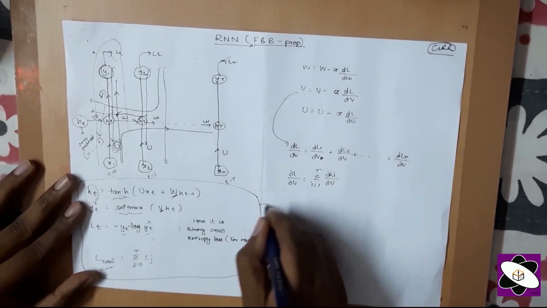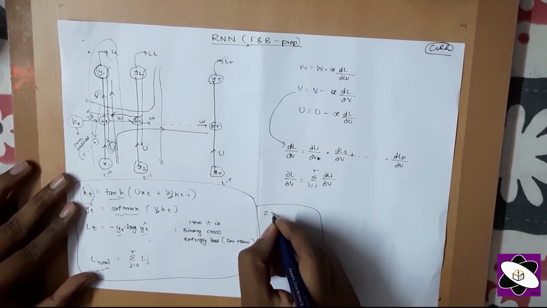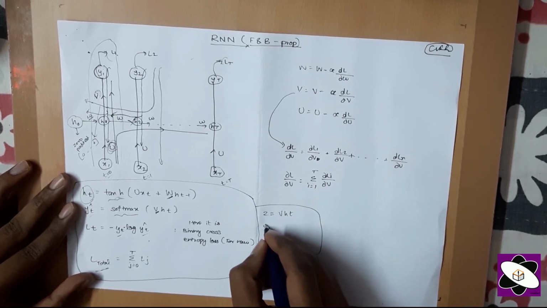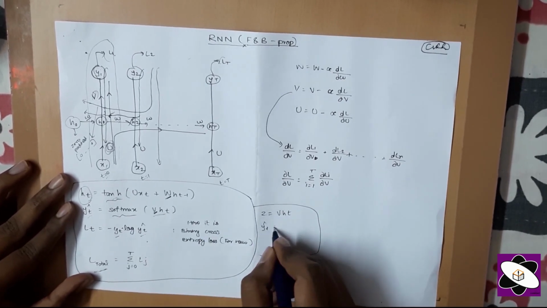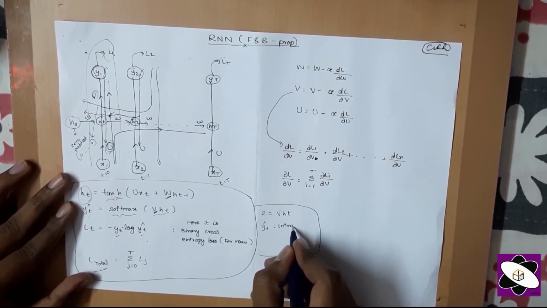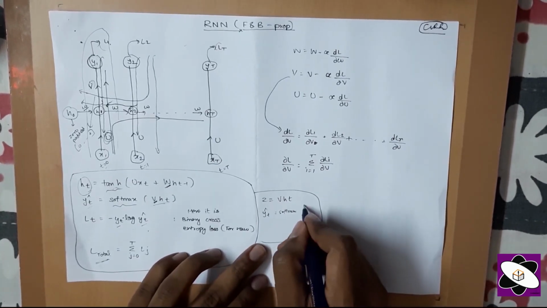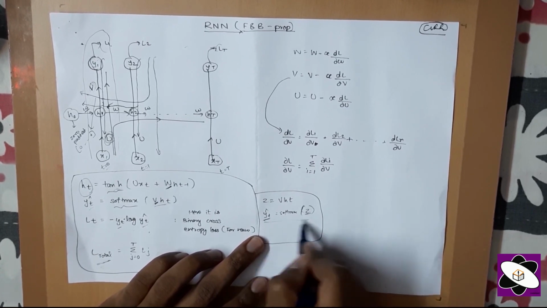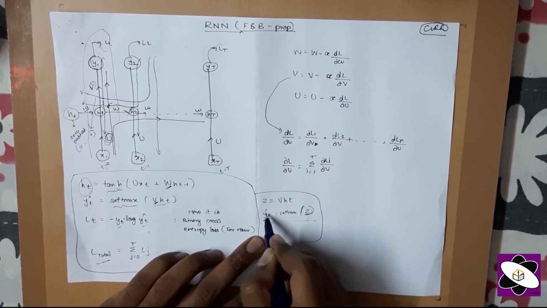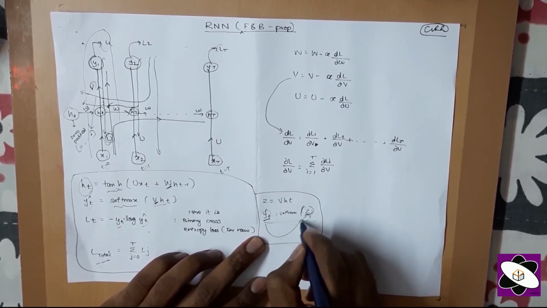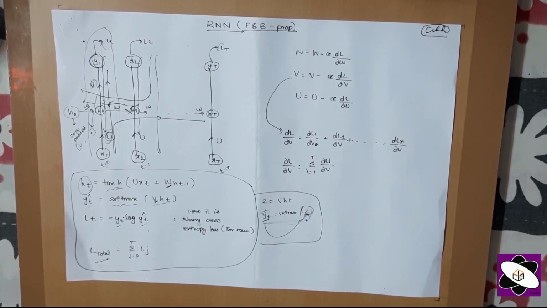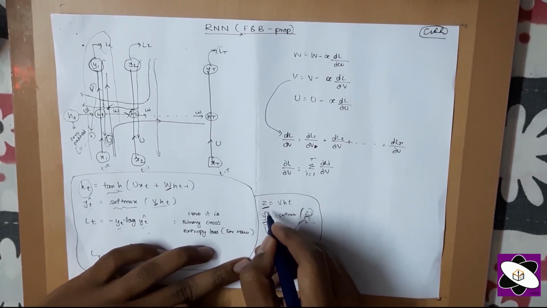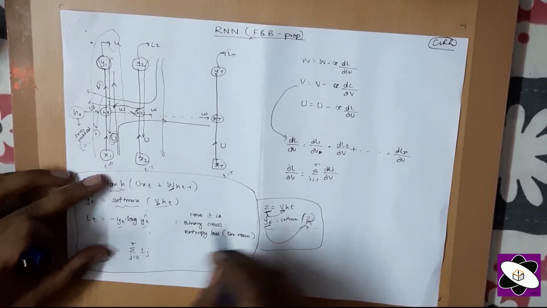Now let me add one more equation. Let us take z as V times ht, then yt hat becomes softmax of z. Now as you can see, yt depends on z. So in this equation, z is independent and yt is dependent on z, and the same goes for the z equation, where z is dependent on V and V is independent.